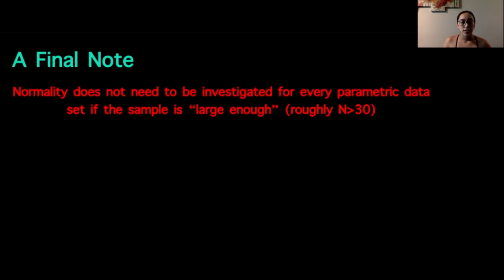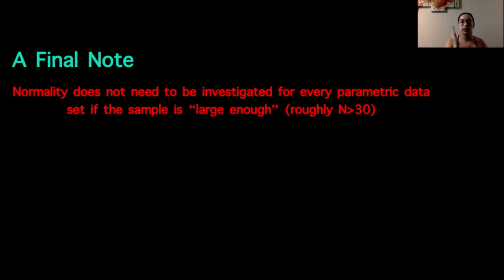As a final note, normality does not need to be investigated for every parametric data set if the sample is large enough. Remember that we said, based on the central limit theorem, that if you have about 30 to 40 subjects, usually in a normal population, you would start seeing a normal distribution shape if your sample size is 30 or larger.